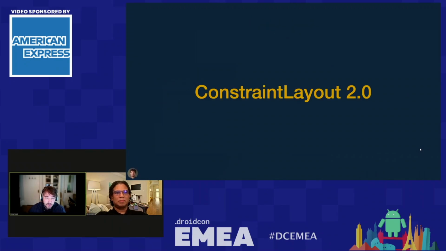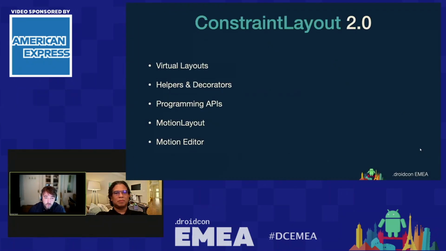So let me talk a little bit about what we bring in ConstraintLayout 2. First, we added a lot of new properties and new capabilities in terms of layout. Specifically, we added the concept of virtual layout that brings, as helper objects, additional capabilities to simplify your UI. We improved on the concept of helpers and the decorators.